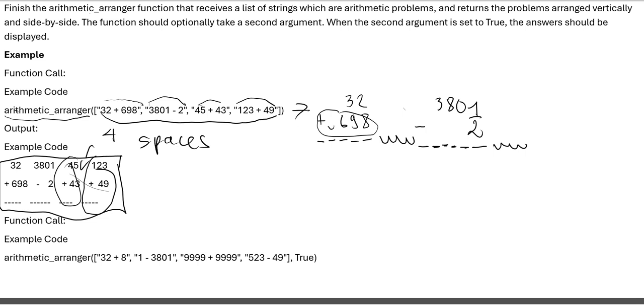And if the function we call here has a second argument, this is a list of problems we want to print out in a vertical format.